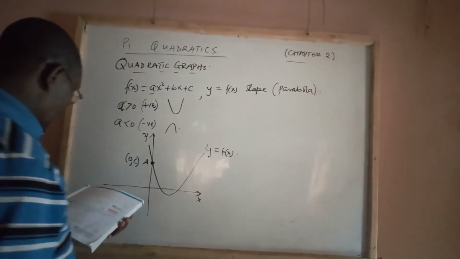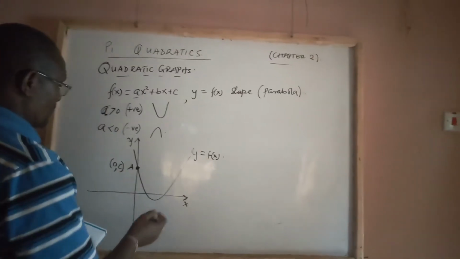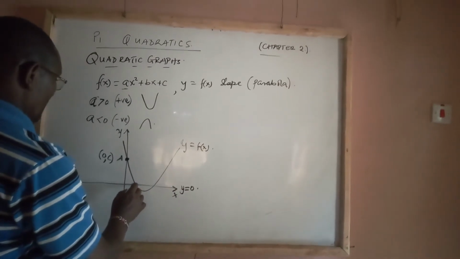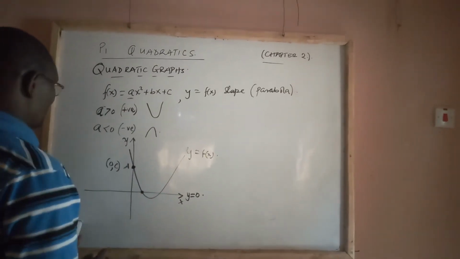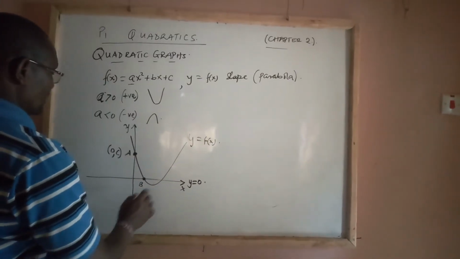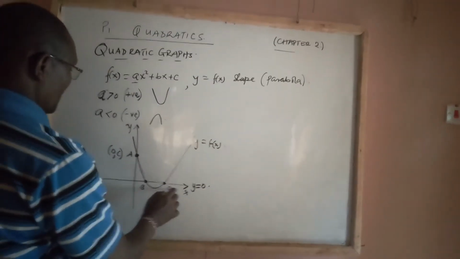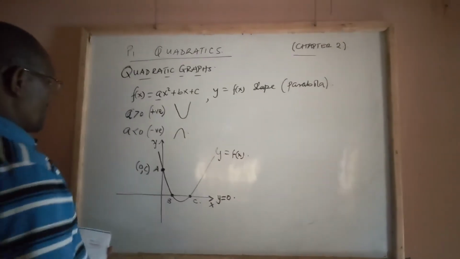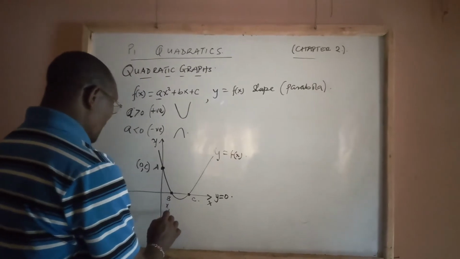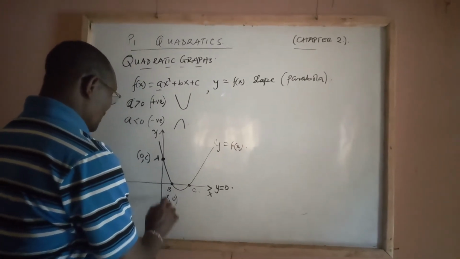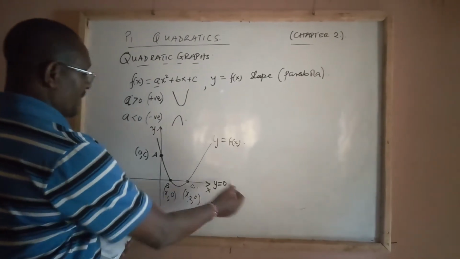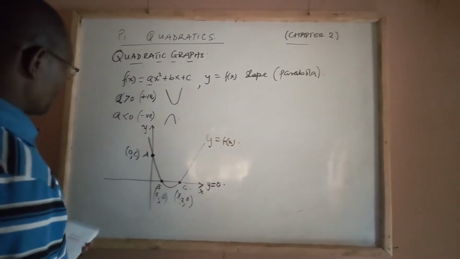The graph crosses the x-axis when y is equal to 0. In fact, this line is also called y equals 0. You can see that it crosses the x-axis at point B and point C. The coordinates are (x1, 0) and (x2, 0), because y along the x-axis is always equal to 0.